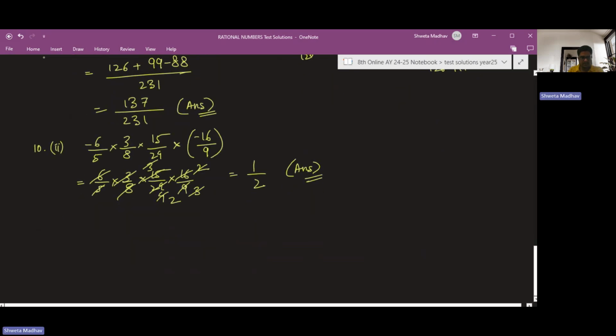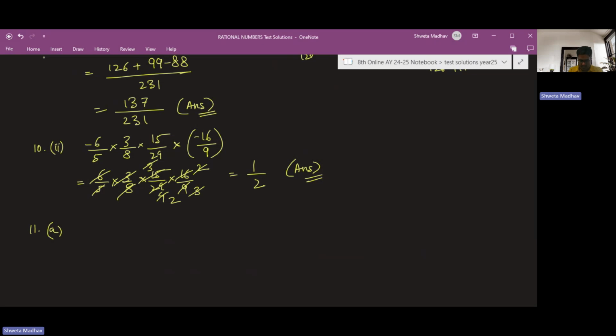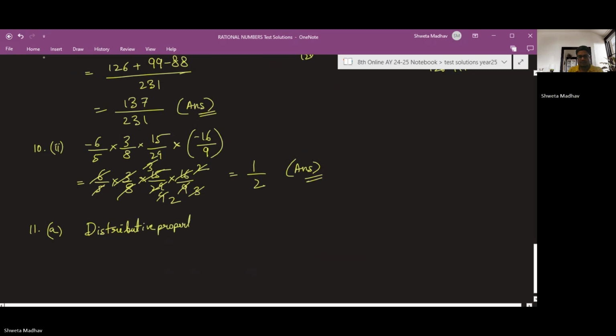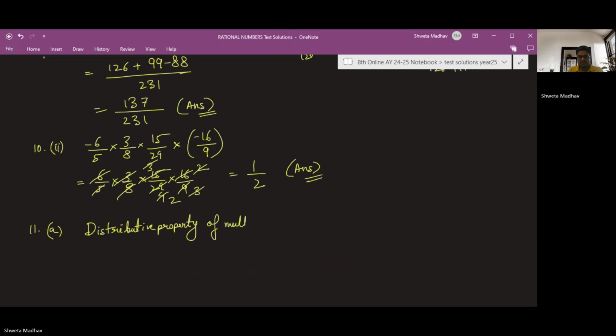Then in question number 11, in part A, it has been told that using appropriate properties, we can find these. So in both of these subparts A and B, the property which we have to use is the distributive property of multiplication over addition.